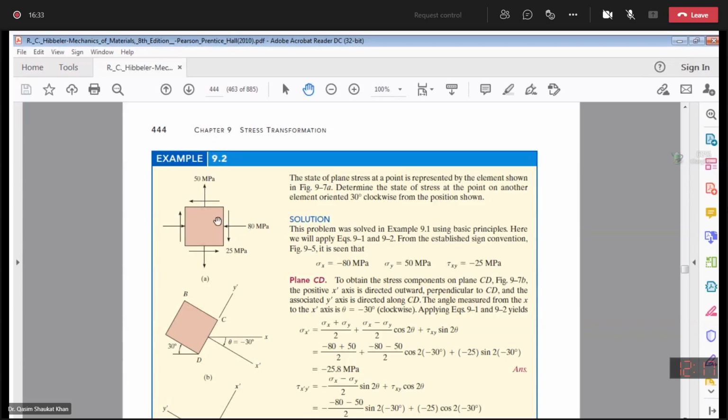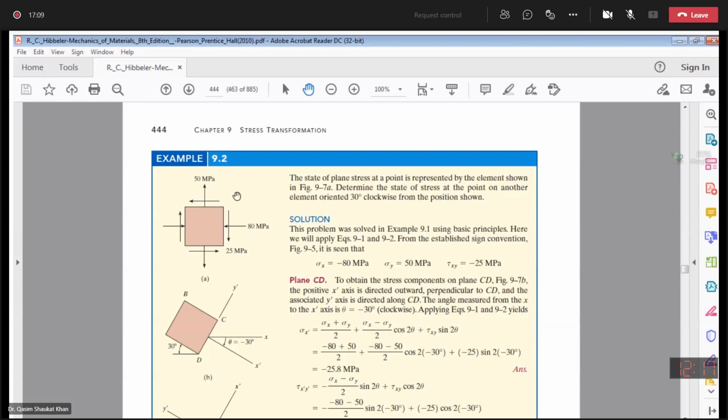Sigma x is negative because it is directed towards the negative x direction, so it is minus 80 megapascals. Sigma y is positive 50 megapascals. Now comes the shear stress, directed downwards. So the value of shear stress is minus 25 megapascals.